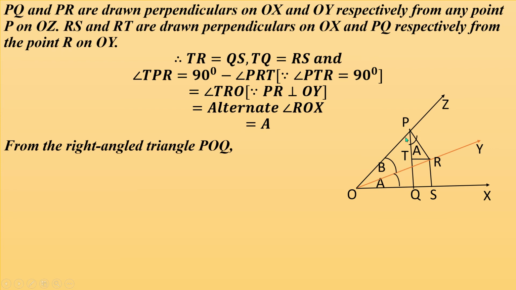As this is a given angle, PQ is the opposite side or perpendicular and OP is the hypotenuse, as this is the right angle. As a result, sin(A plus B) is equal to perpendicular divided by hypotenuse, that means PQ by OP. But PQ is equal to what? PQ is equal to PT plus TQ, and TQ is equal to what? RS. Now follow the explanation.